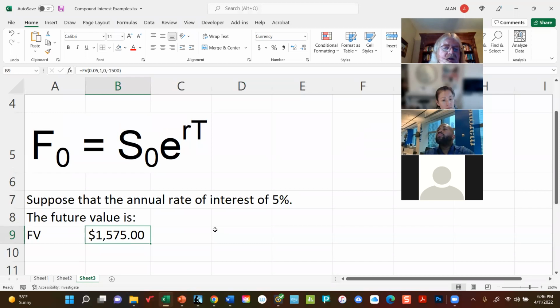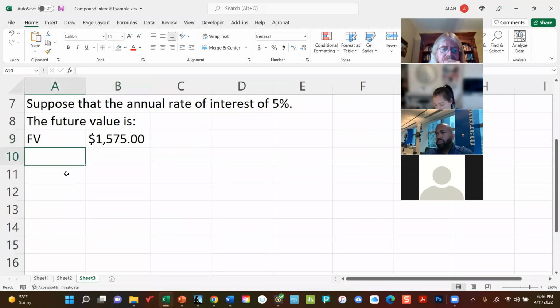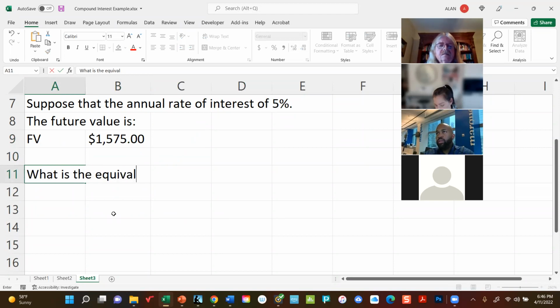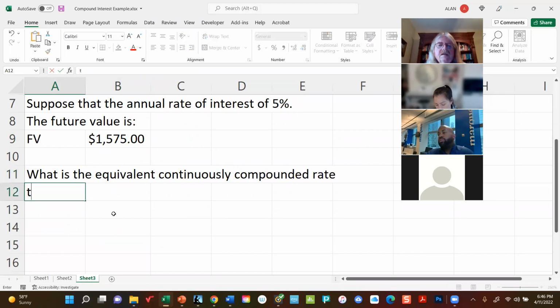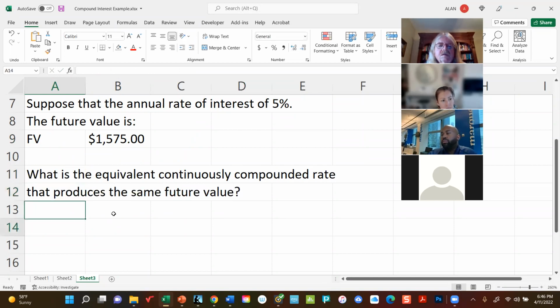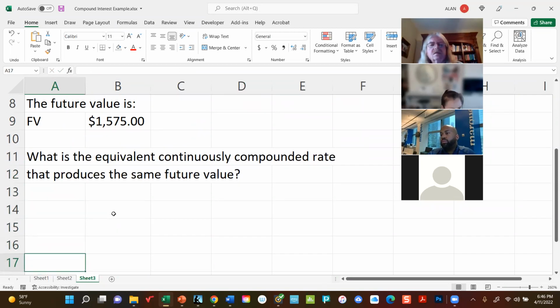So what the derivative model is saying is this. What is the equivalent continuously compounded rate that produces the same future value? So in other words, we've got 1,500 times 1 plus the rate of interest.